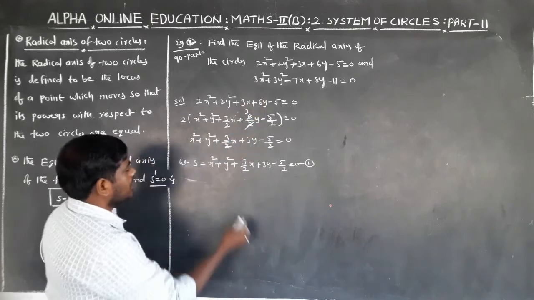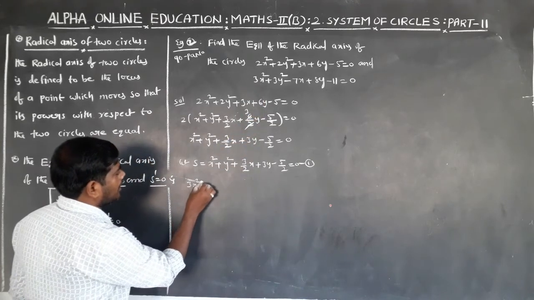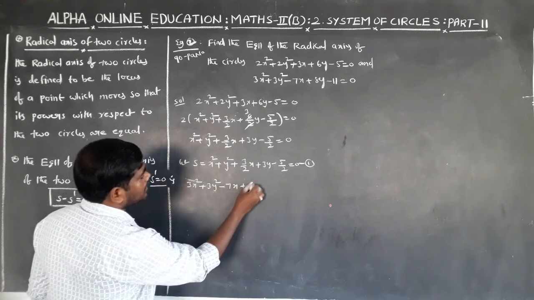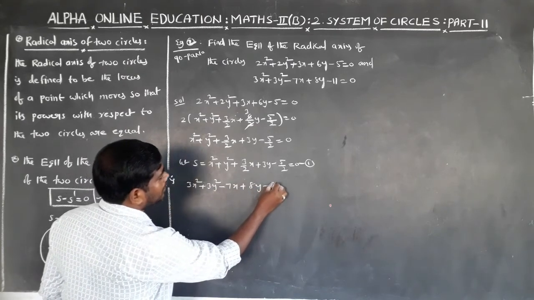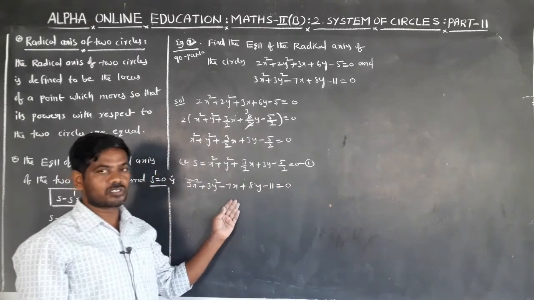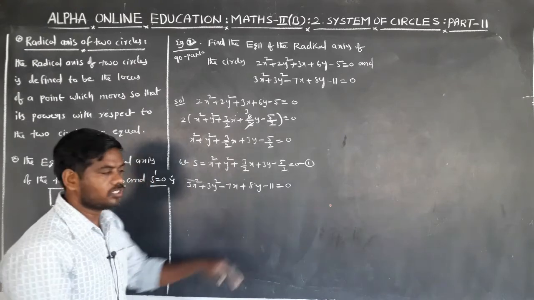Again, the second equation of the circle is 3x square plus 3y square minus 7x plus 8y minus 11 is equal to 0. This is also transformed into general form.